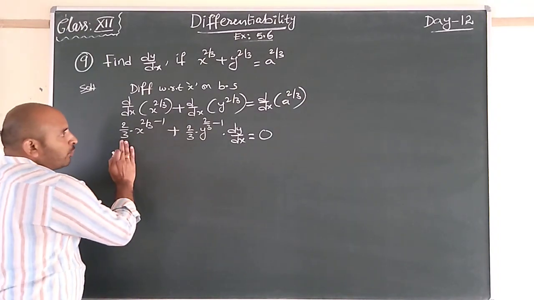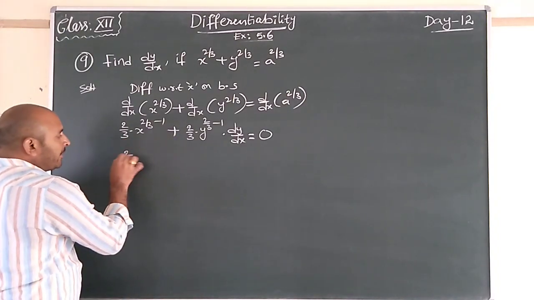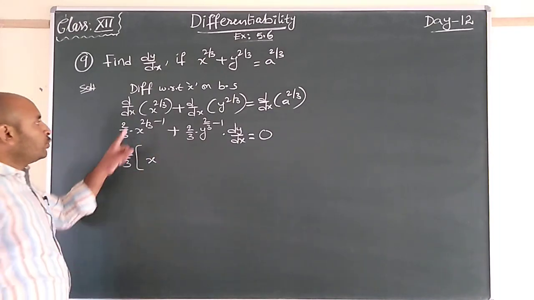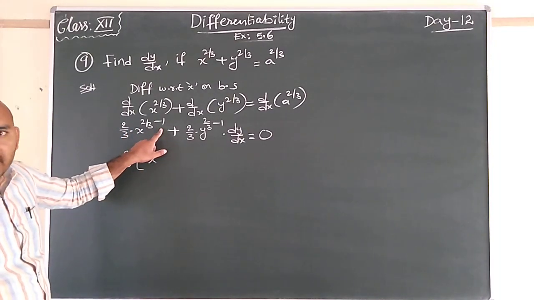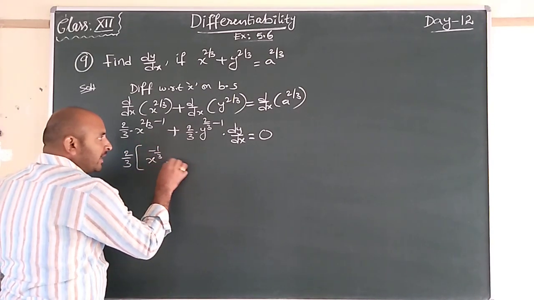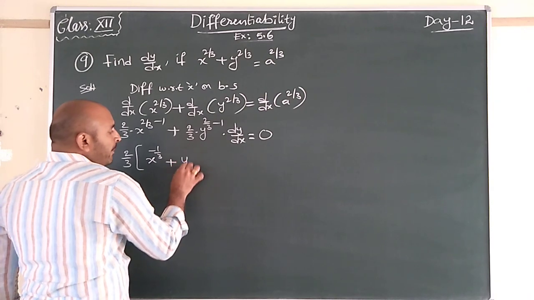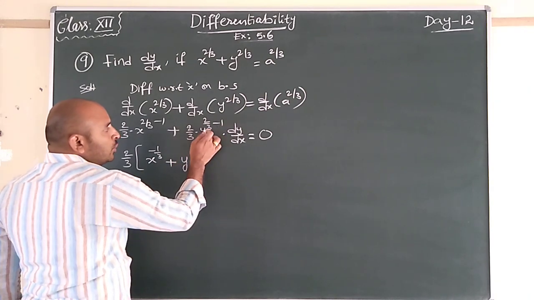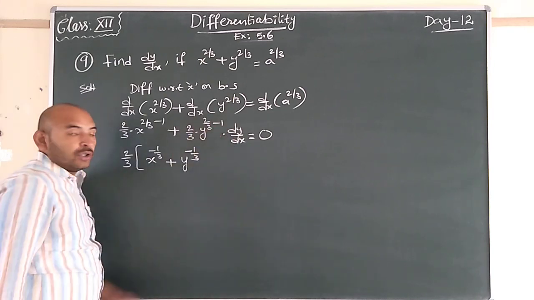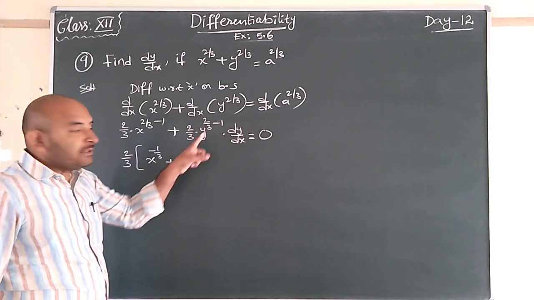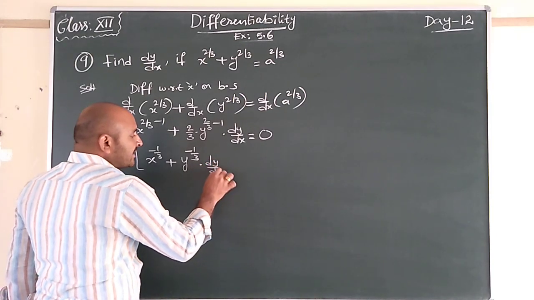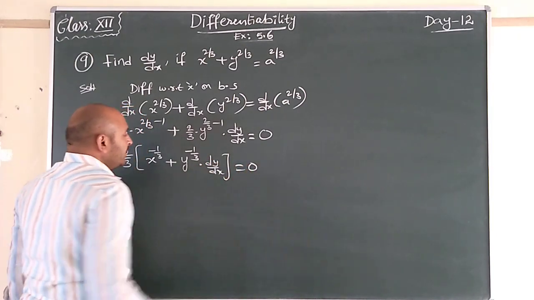Now here also 2 by 3, here also 2 by 3, so take 2 by 3 common into x power 2 by 3 minus 1. Taking the LCM, 2 by 3 minus 1 is minus 1 divided by 3, plus here also y power 2 by 3 minus 1, that is minus 1 divided by 3, the LCM is 3, numerator 2 minus 3 is minus 1 divided by 3, into dy by dx is equal to 0.